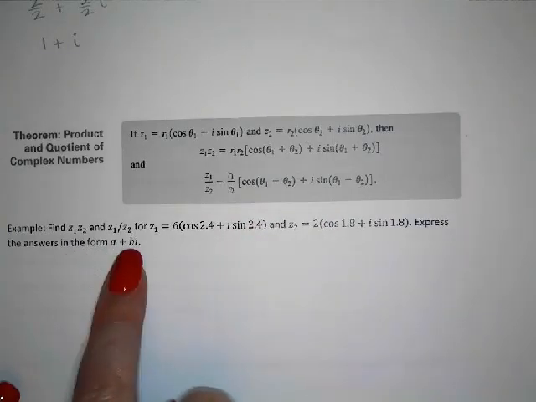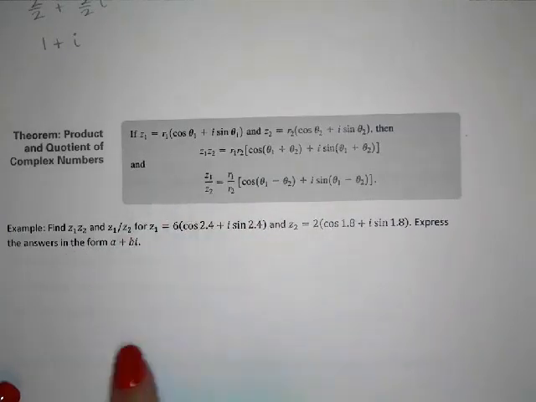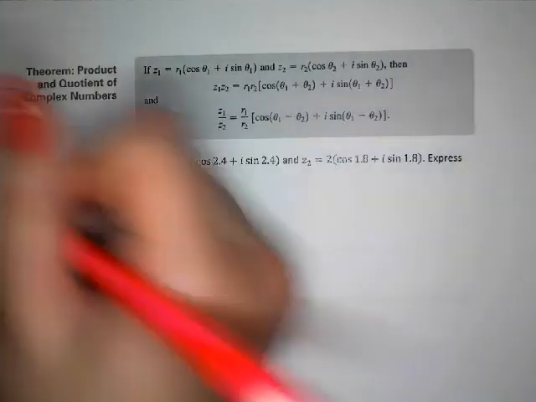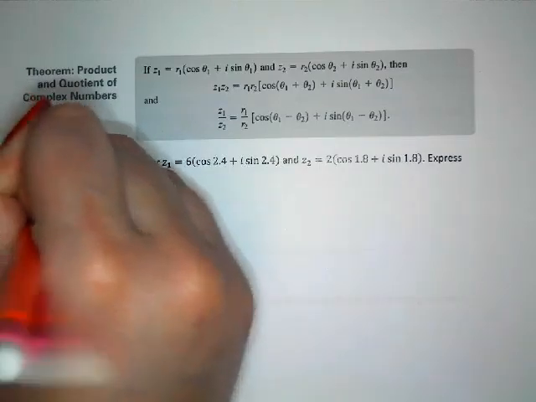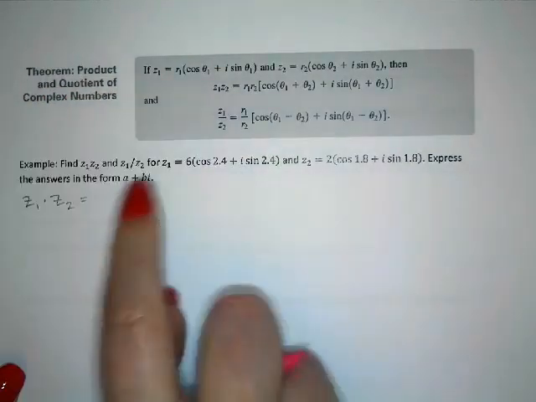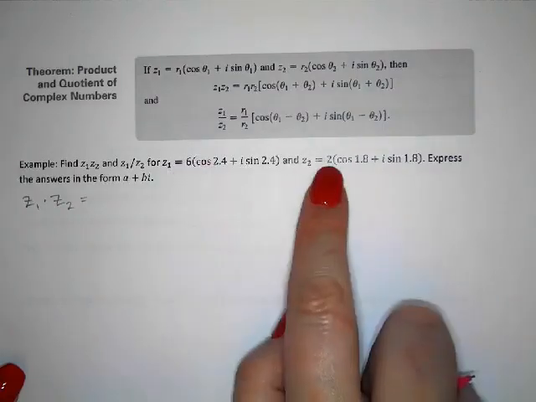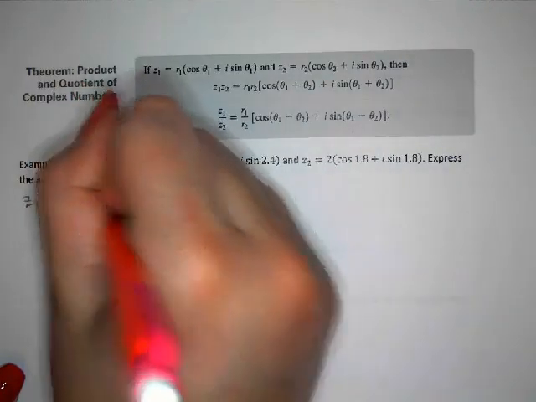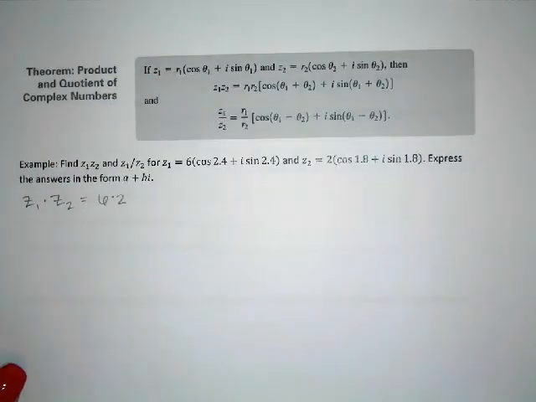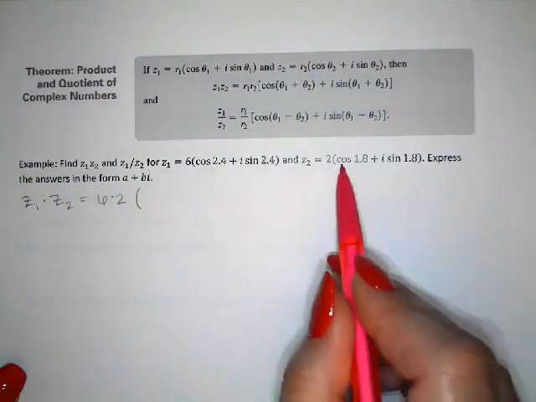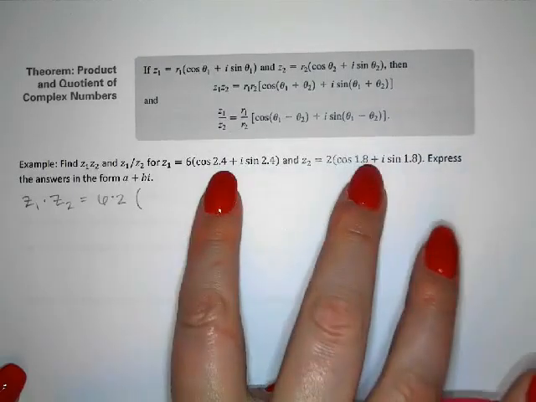Okay, so up here I'm going to say z sub 1 times z sub 2, and I take the modulus from each, 6 and 2, and I'm going to multiply them together, 6 times 2. And then I'm going to take cos, and I'm going to add the angles together. I can tell that those angles are in radian form because they do not have little bubbles.